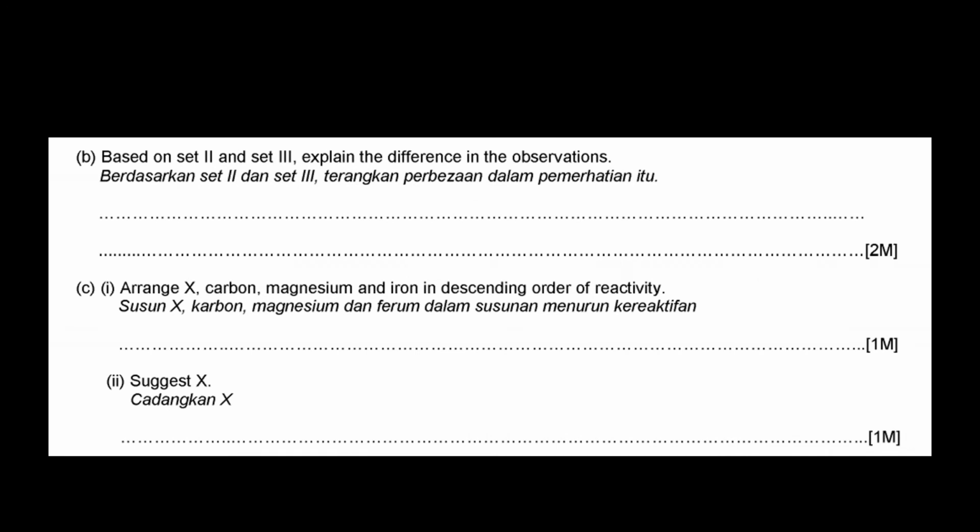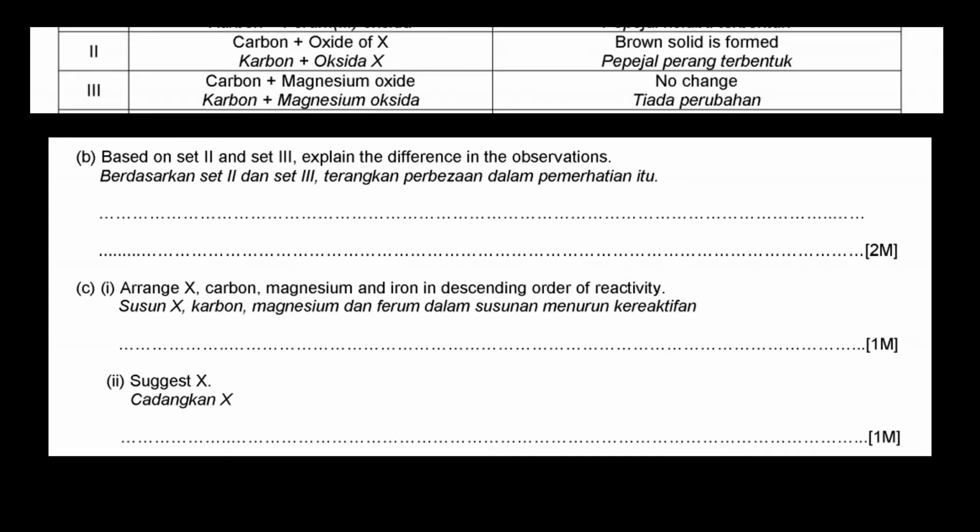Based on set 2 and set 3, explain the difference in the observations. Let's see set 2 and set 3. Set 2, carbon and oxide of X, brown solid is formed. And set 3, carbon and magnesium oxide, no change. From the observation, no change for set 3 means no reaction.